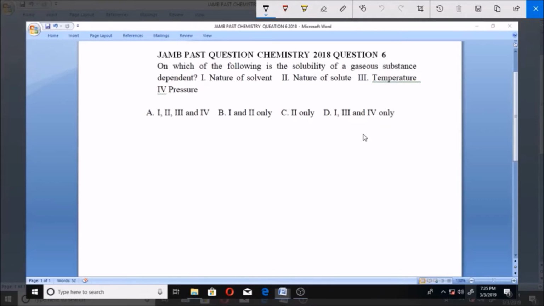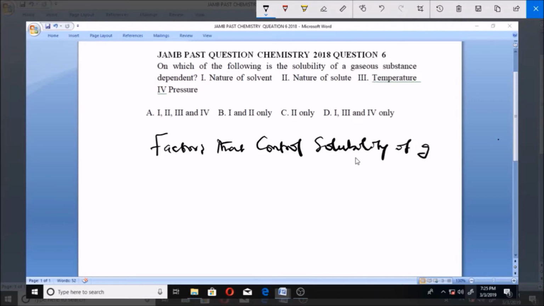What are the factors that control the solubility of gases? When you check through your textbook, you're going to find out that some of these factors are: number one, very importantly for gases, you have pressure.